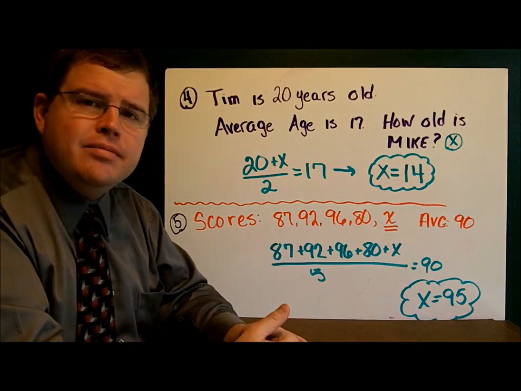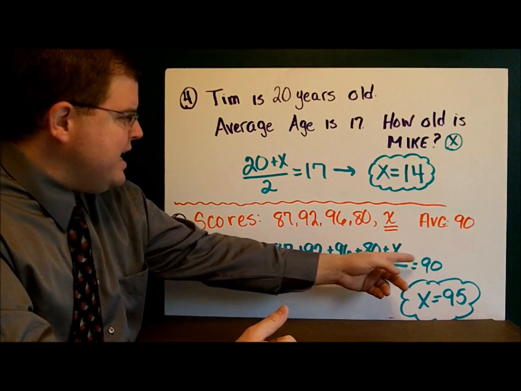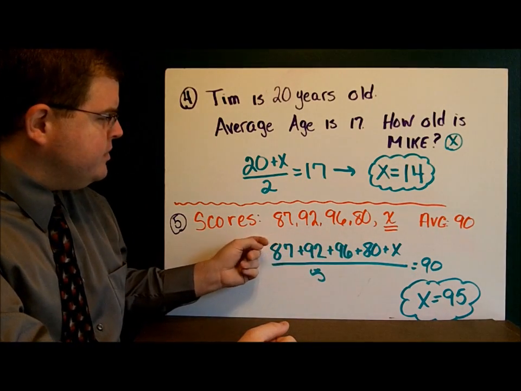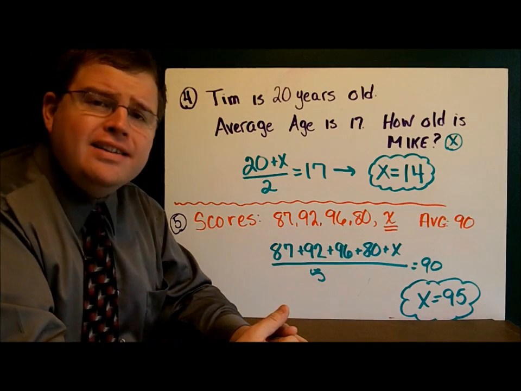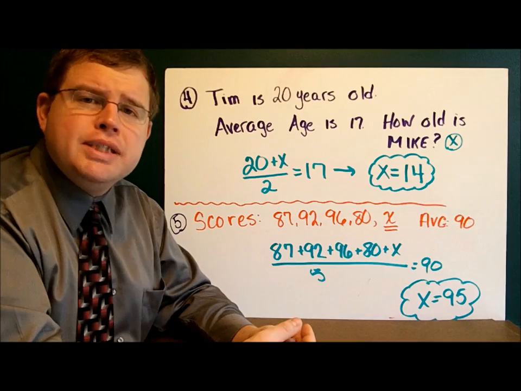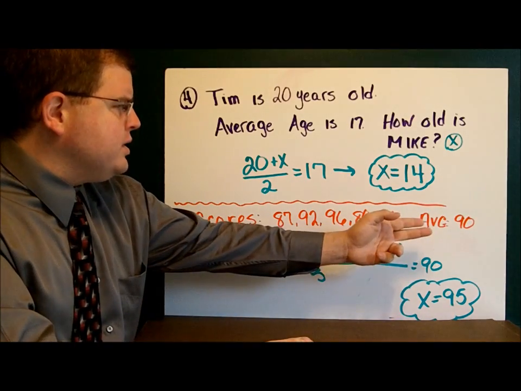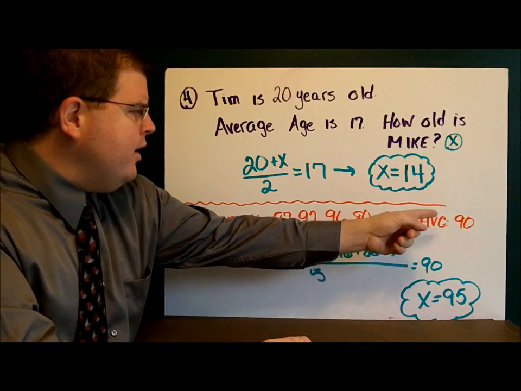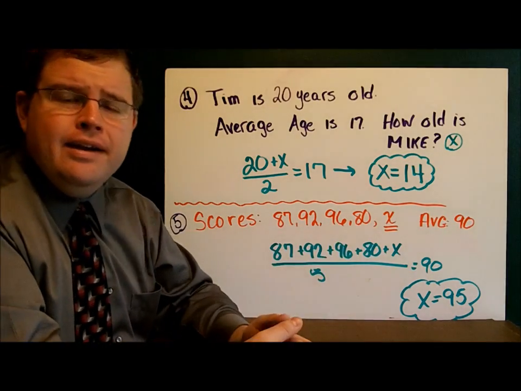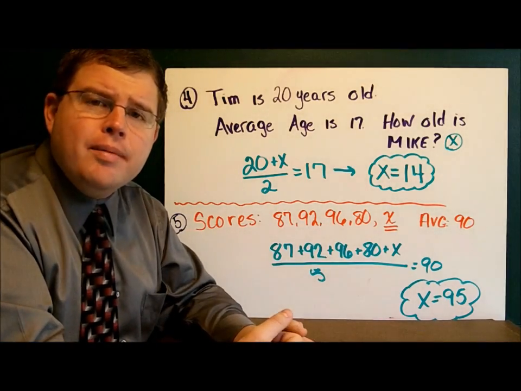That equals 90. Multiply both sides by 5, add up the numbers, and solve for X, and I find out that the score must be 95%. So if you want your quiz scores to be 90% for the quarter, and these are what you have so far, your last one has to be 95. That's a cool little problem.